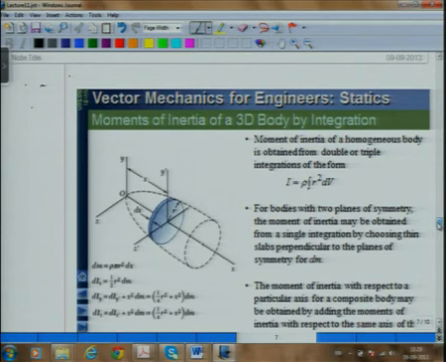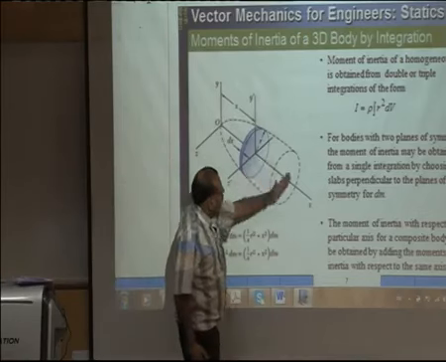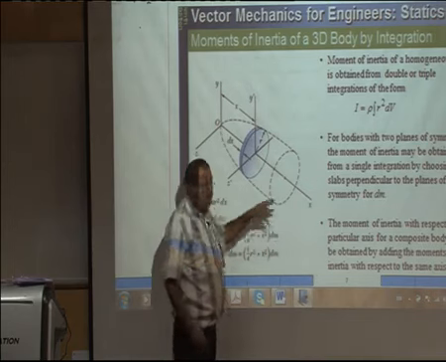Now, this dv, we can write it as a dx if we can break the body into different slabs. And when we have two planes of symmetry, two mutually perpendicular planes which are symmetric, then we choose thin slabs perpendicular to them.